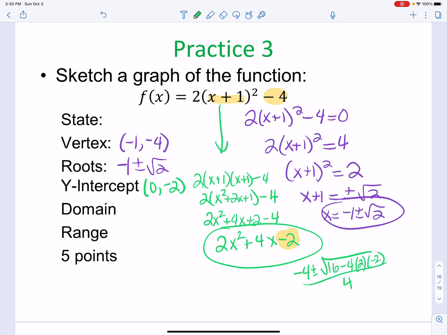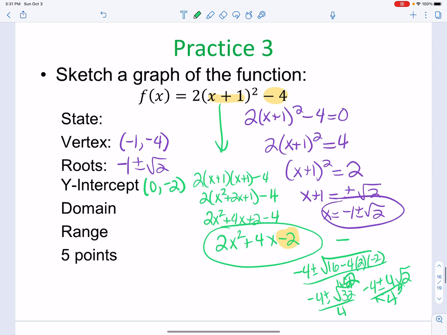So on the inside, that's 16, but it's a positive 16, so 16 plus 16 is 32. Holy cow. And then 16 goes in here twice, so you get -4 plus or minus 4 root 2 over 4, so then the 4 goes into both, so you end up getting -1 plus or minus the square root of 2.